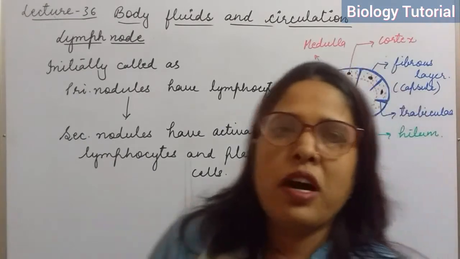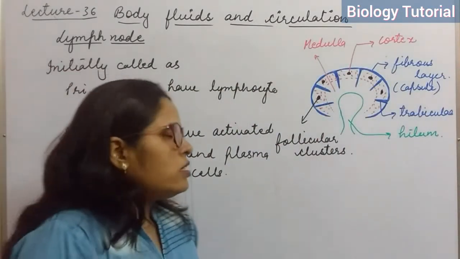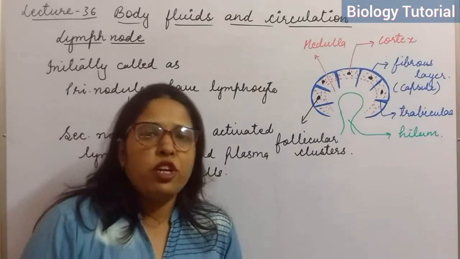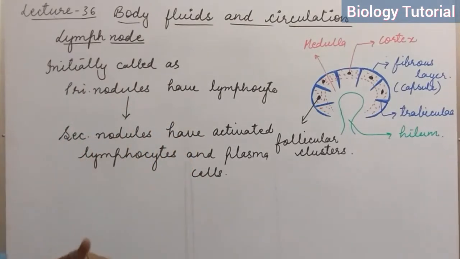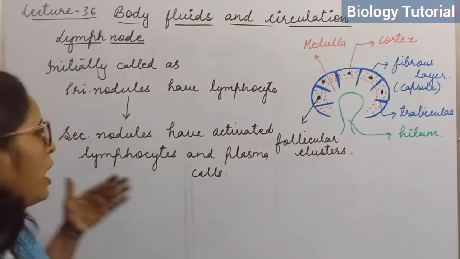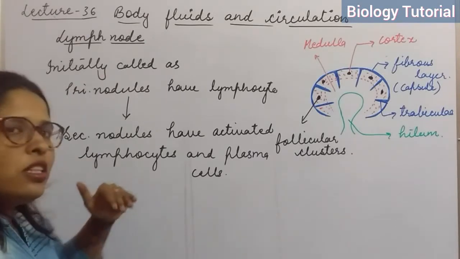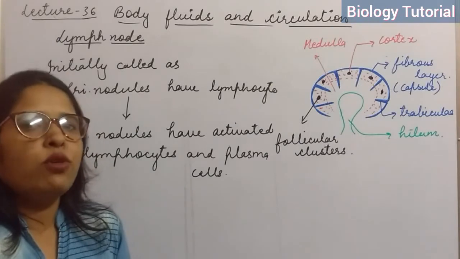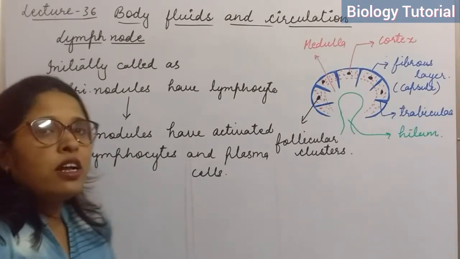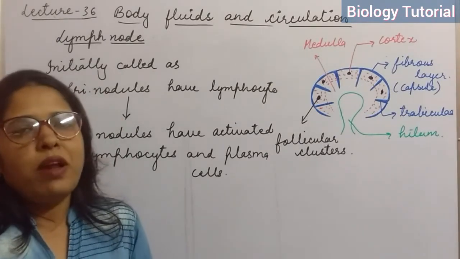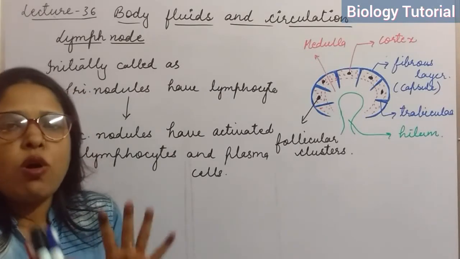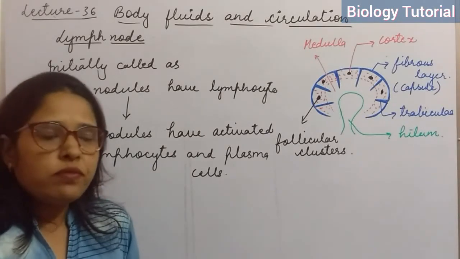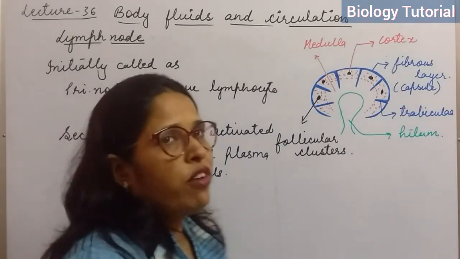Inside the cortex, some follicular clusters are present. Initially these follicular clusters are called primary nodules, which have lymphocytes, and after maturation these primary nodules get modified into secondary nodules, which have activated lymphocytes and plasma cells. Clear? All this provides immunity to the body. Yes, this is the structure of the lymph node.